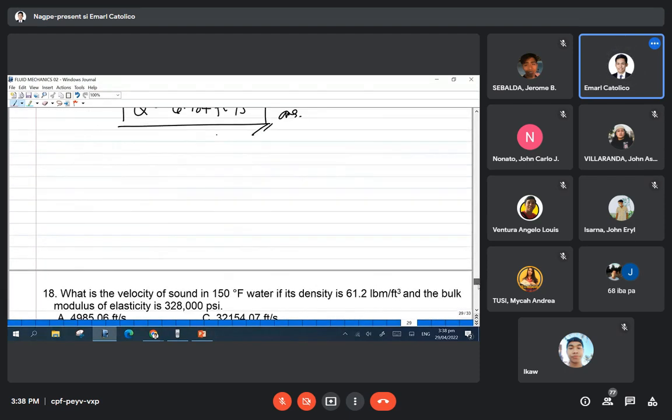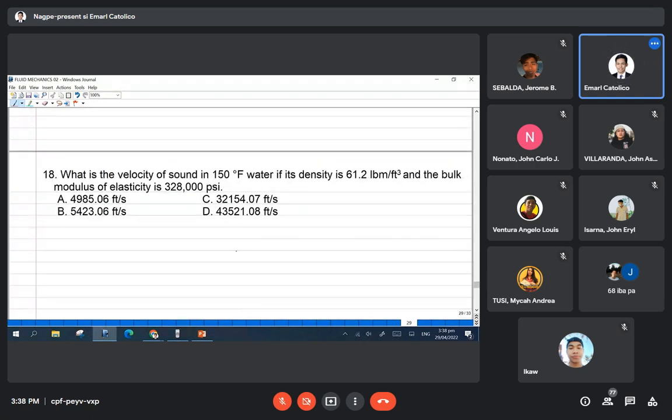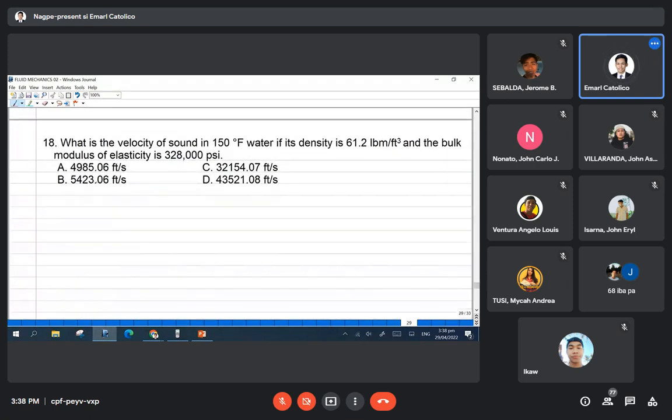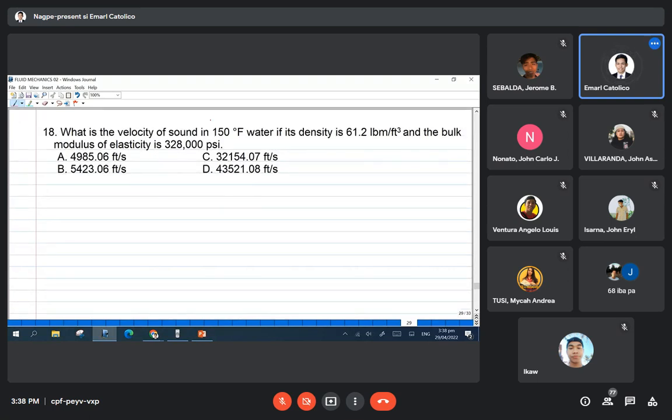Okay. Number 18. So what is the velocity of sound in 150 degree Fahrenheit water if its density is 61.2 pound mass per cubic feet and the bulk modulus of elasticity is 328,000 psi.